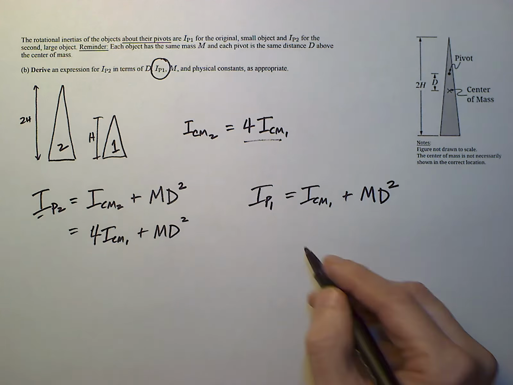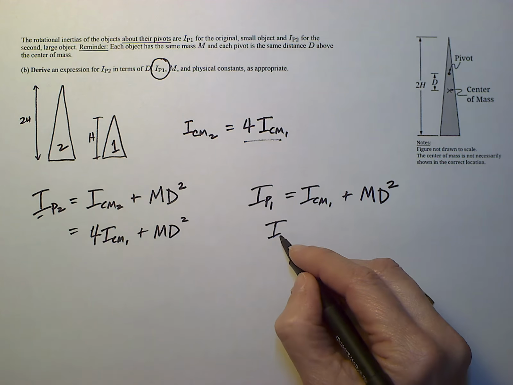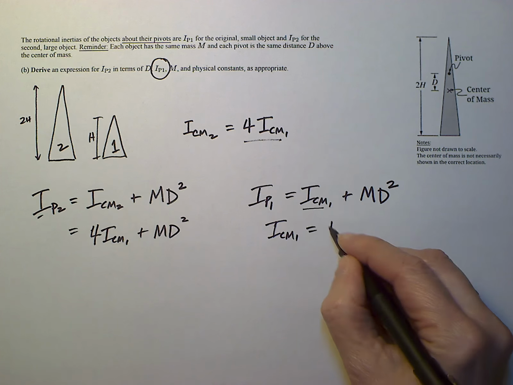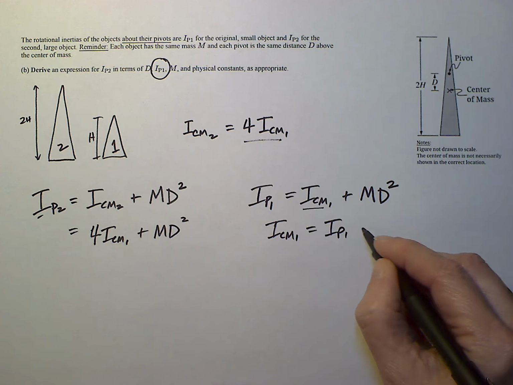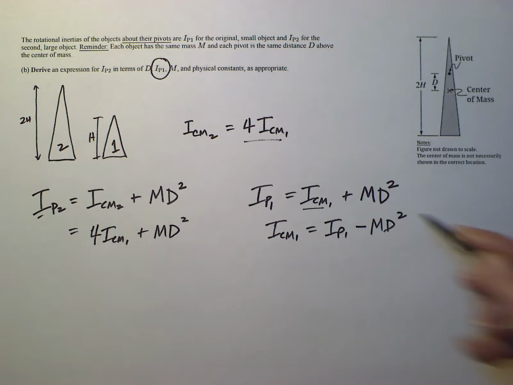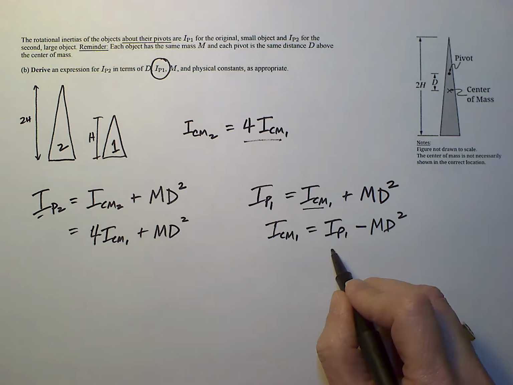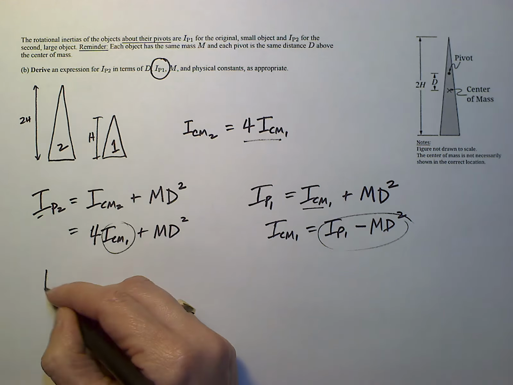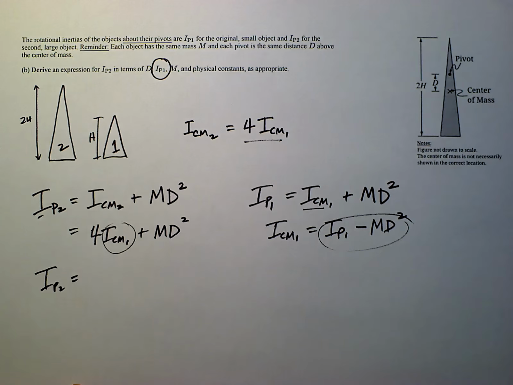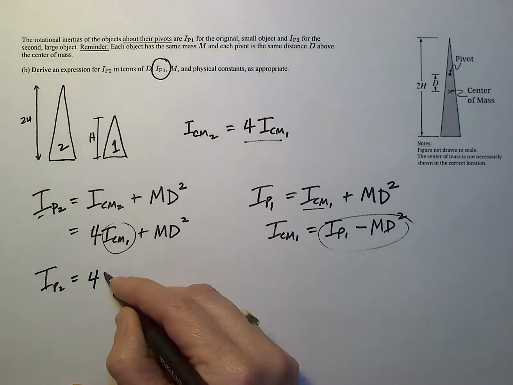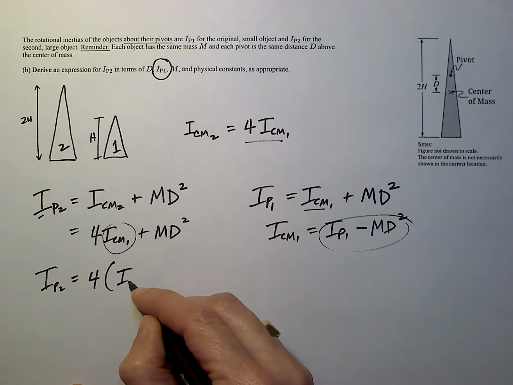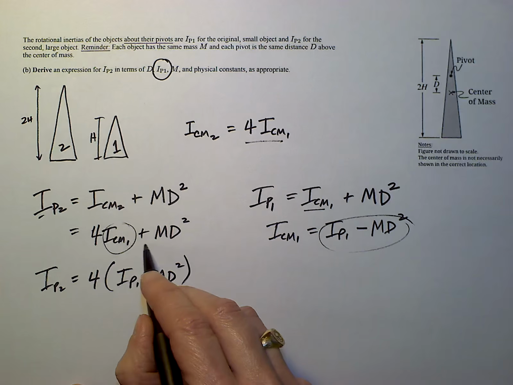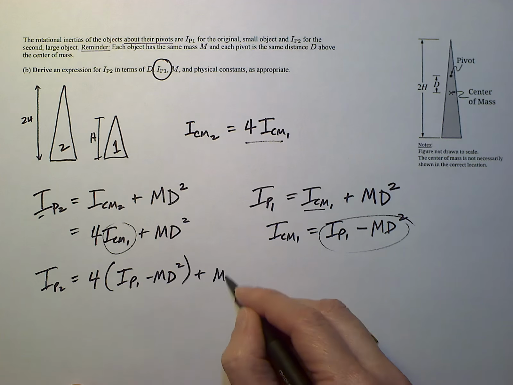Okay, and so just make sure of my algebra here. So I'm going to solve for this, IP1 minus MD squared. All right, so then I'm going to take this, and I'm going to substitute in for this. So what I'm looking for is 4 times this plus MD squared.